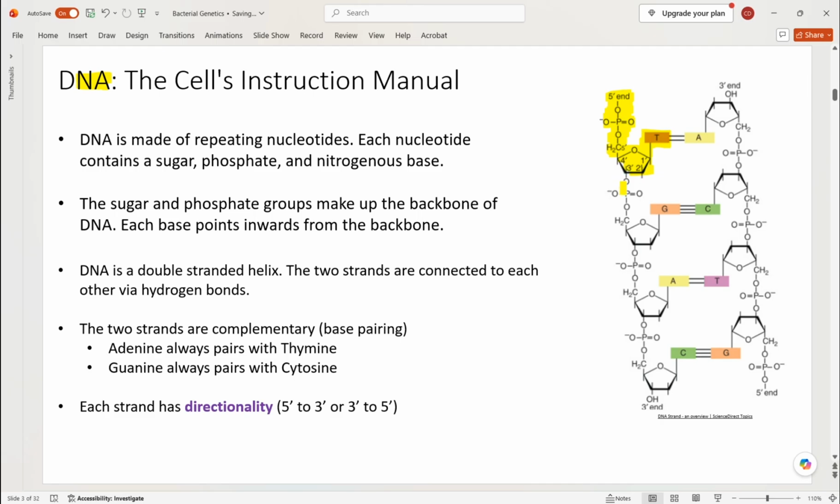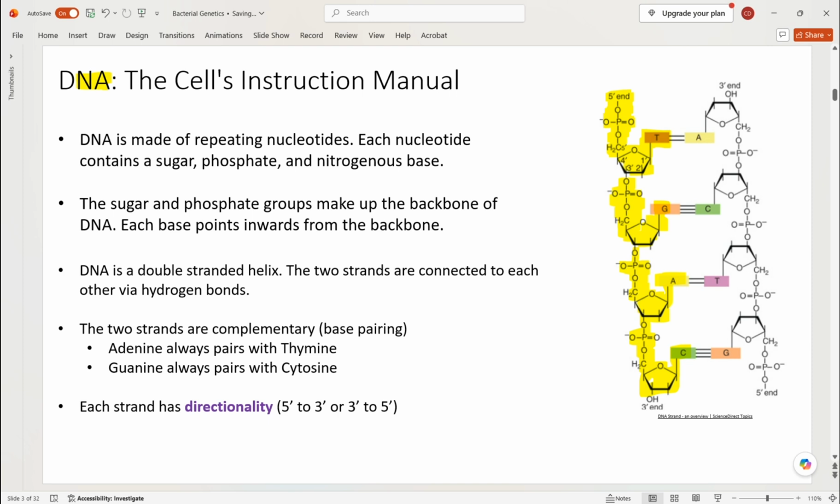And then starting right next to it, it's connected to the next nucleotide. So here's the sugar, the base, there was the phosphate group. And you'll notice that that nucleotide is connected to this next one. There's the phosphate group, the 5-carbon sugar, and the nitrogenous base. Okay, so on and so forth. So this is one strand of nucleotides.